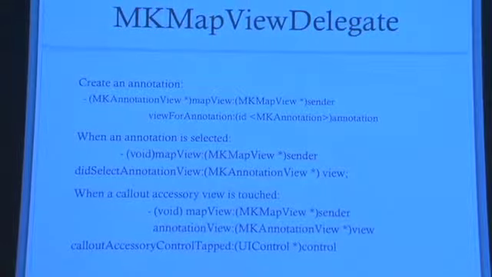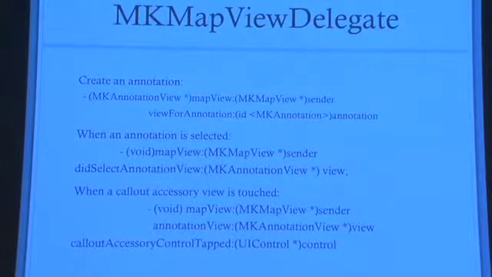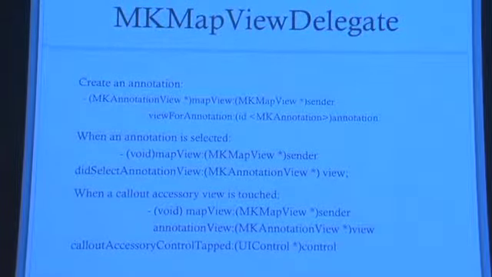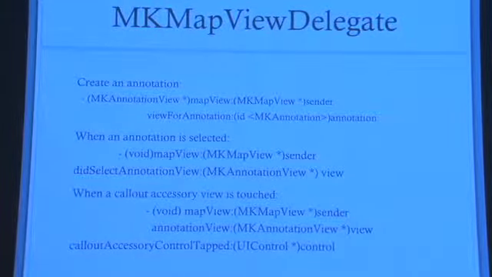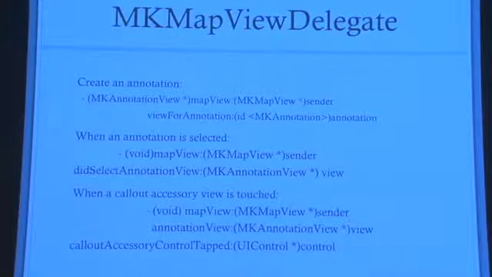Okay, so the MKMapViewDelegate. These are the different methods for creating an annotation. The method that's called when an annotation is selected, and then a special method that's called when the accessory view is touched. So this is pretty similar to the UITableViewDelegate.